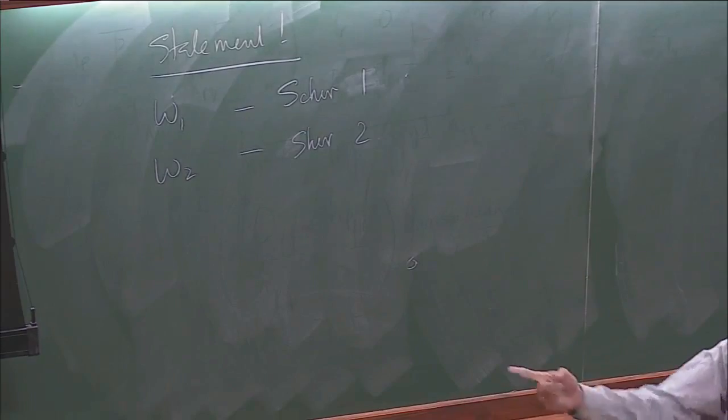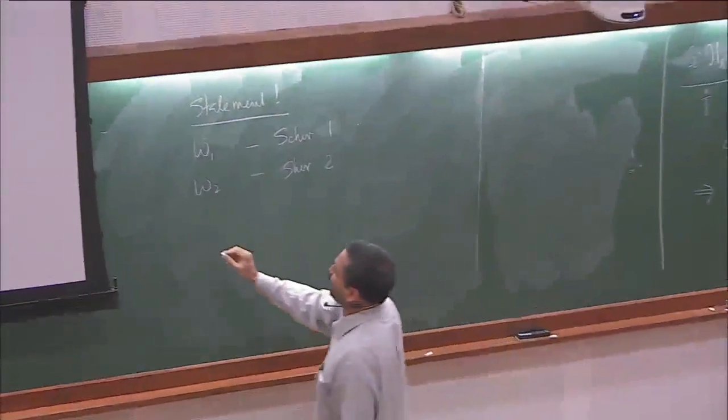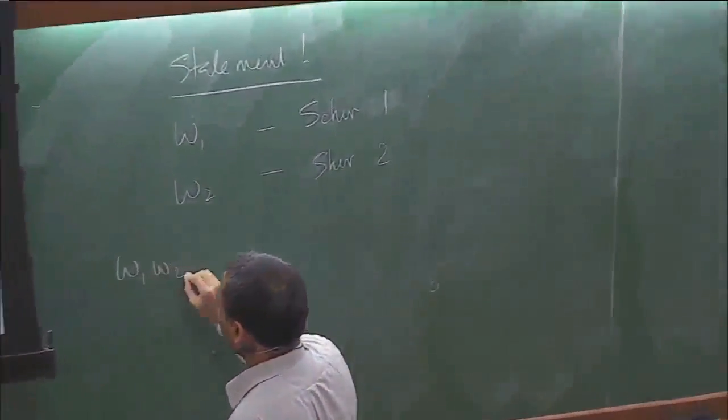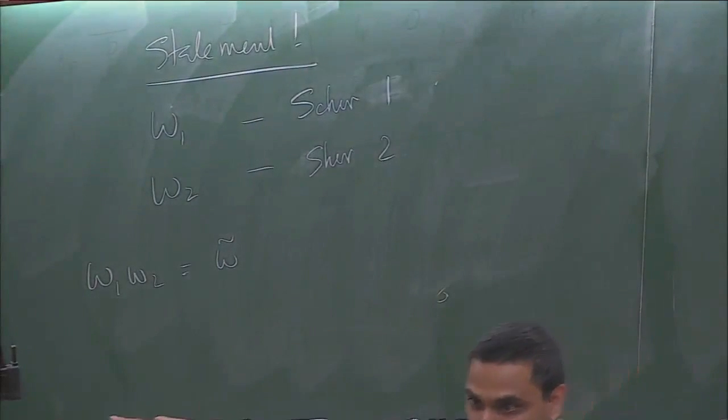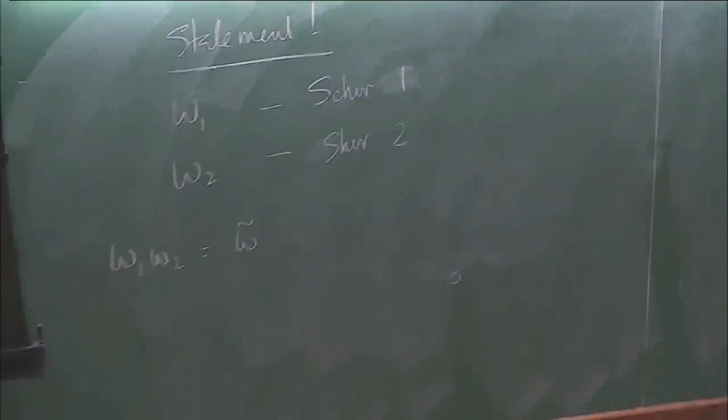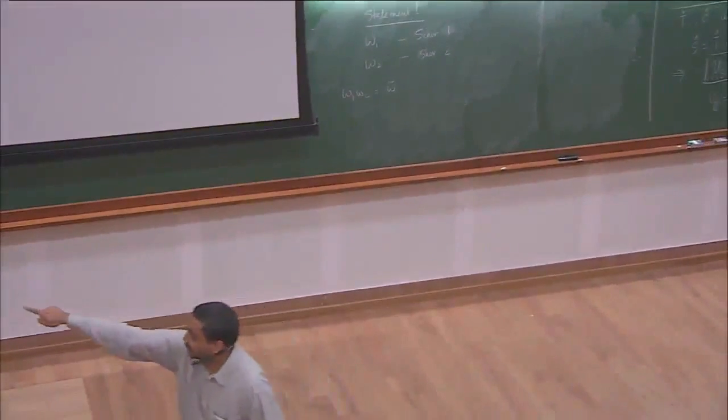It's very easy to see that omega 1 omega 2, let's say omega tilde, is a multiplier system. It will satisfy all those conditions. You can show that.